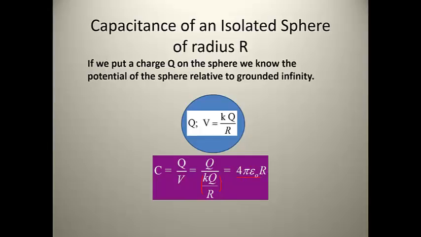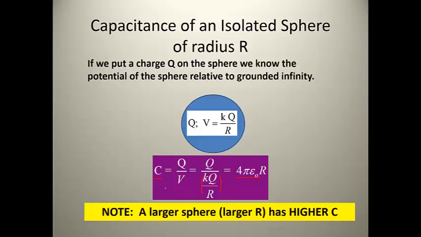It only depends on the radius of the sphere. So we have a constant times a constant, so we get a constant value, which is the capacitance. So, as I said, a larger sphere, larger r, has a higher capacitance.